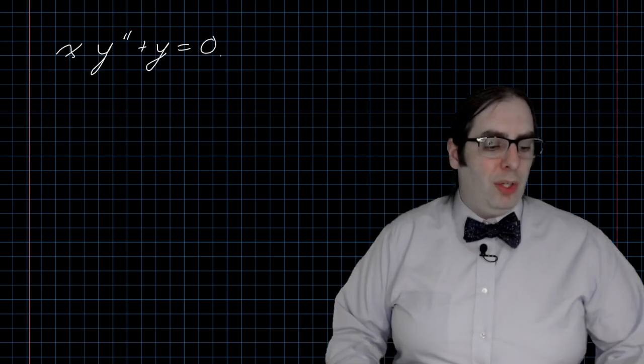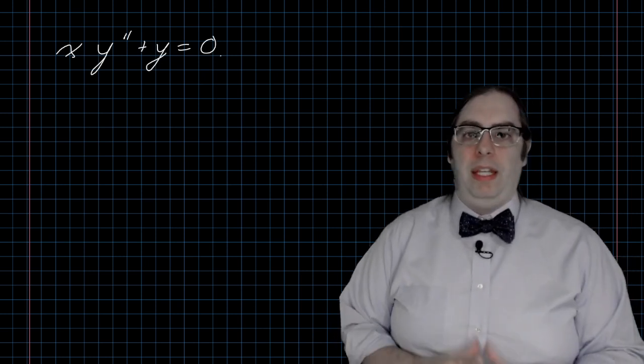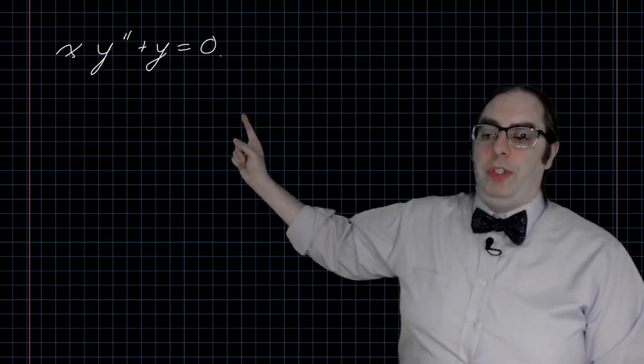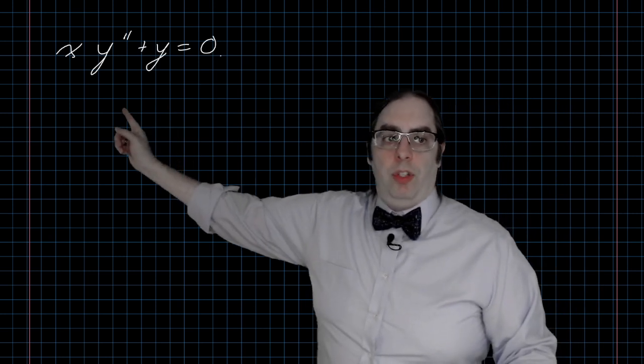Here's something for you to take a look at. I've got here x times y double prime plus y is equal to 0. This is a much easier equation to work with than the Bessel function that I just showed you, but it is still a second order differential equation with non-constant coefficients.